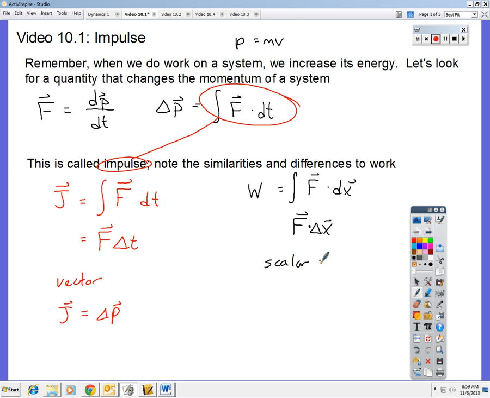So impulse has direction, work does not. Impulse equals the change in momentum, and work equals the change in energy. These two ideas of energy and momentum are tremendously important in physics. And you'll find if you go beyond this level of physics that you talk about work, energy, momentum, and impulse much more than you talk about forces.